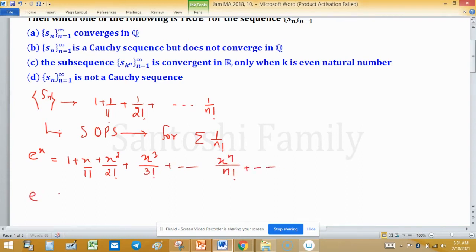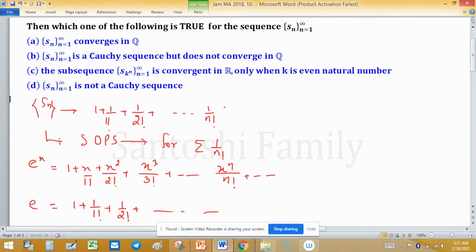So e raised to the power 1, or e, will be 1 plus 1 upon 1 factorial plus 1 upon 2 factorial and so on. So this sequence of partial sums which is given to us is nothing but e. This series is convergent to the same number e. And we know that e is irrational.